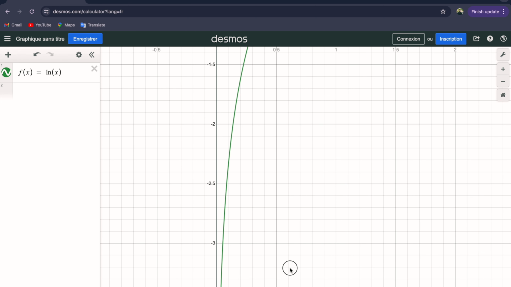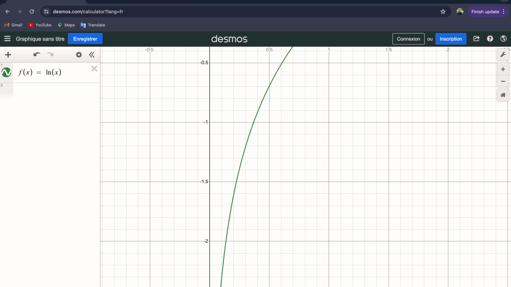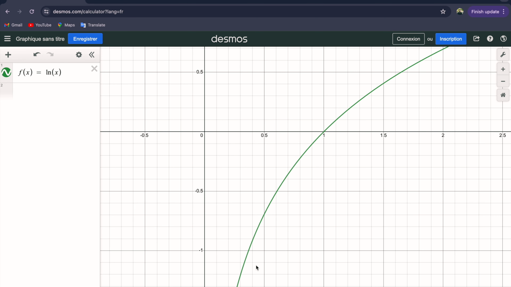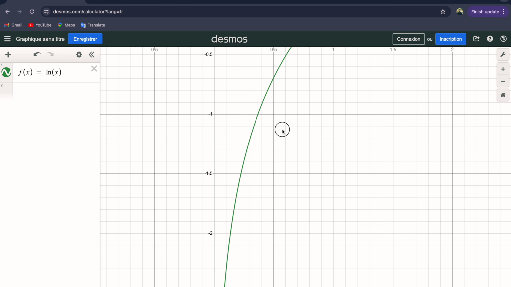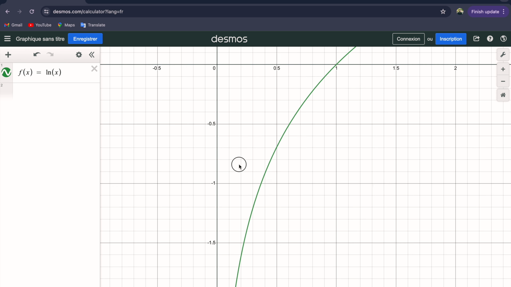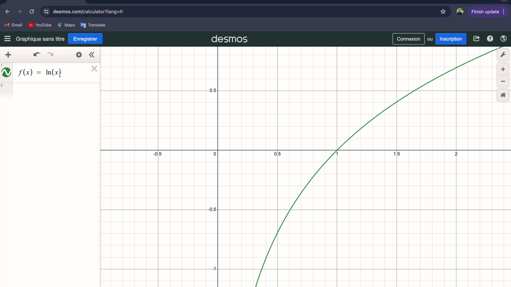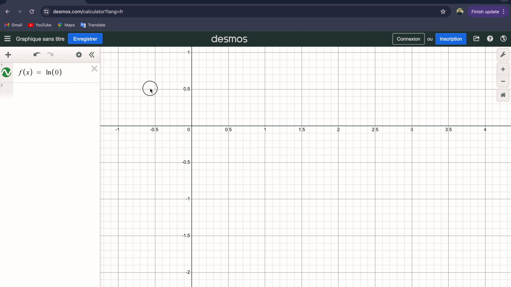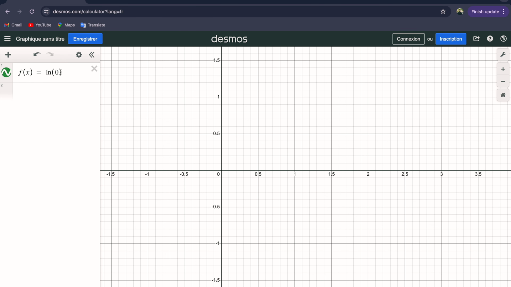If we zoom in here, it approaches 0, but it never touches 0. Okay, so this is the logarithmic function. If we take, for example, 0, you'll see we don't have any curve because it is undefined. Or if we take minus 2, the same.